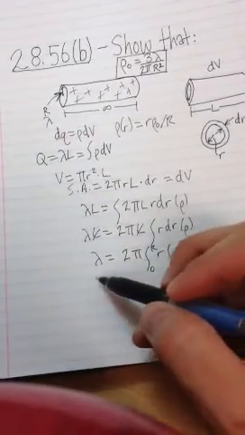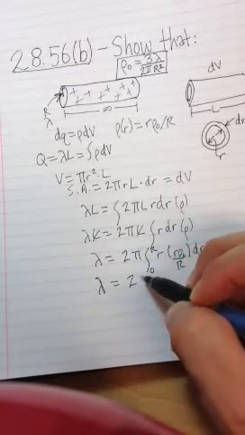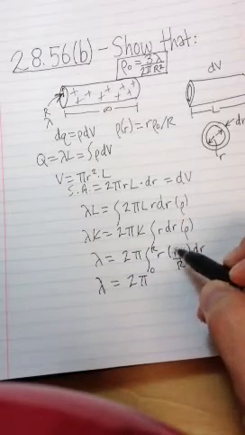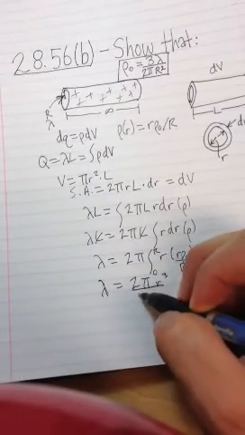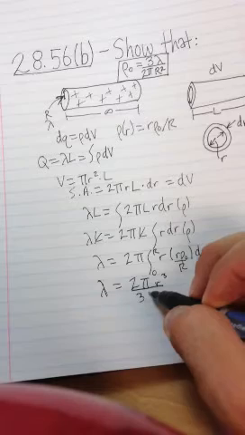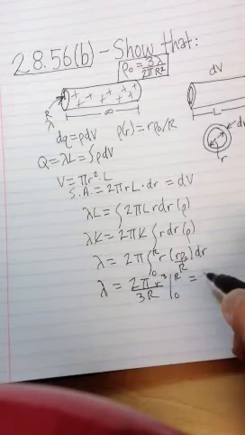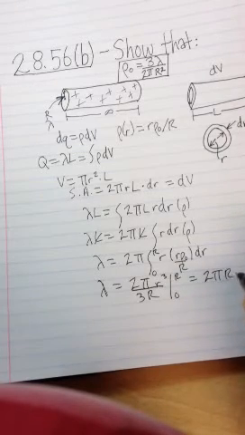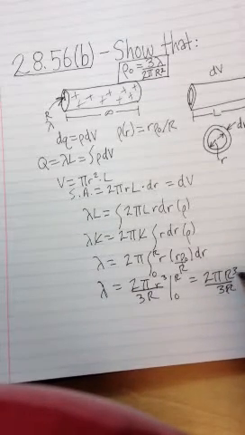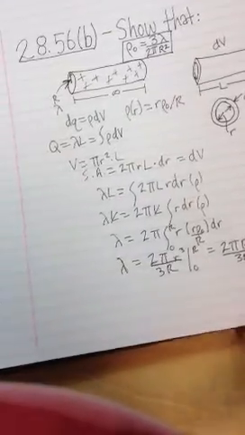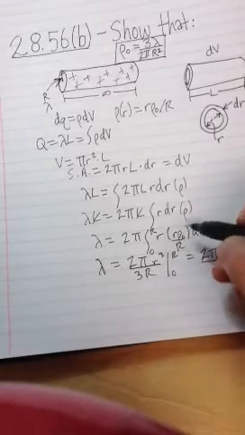So when you do that integration, you get lambda equals 2 pi, that's r squared, so it'll be r cubed over 3, and then rho naught over R is just a constant, integrated from 0 to R, which equals 2 pi R cubed over 3 R. The R and the R cubed cancel out, making that an R squared, and then, I'm sorry, there should be a rho naught in there.